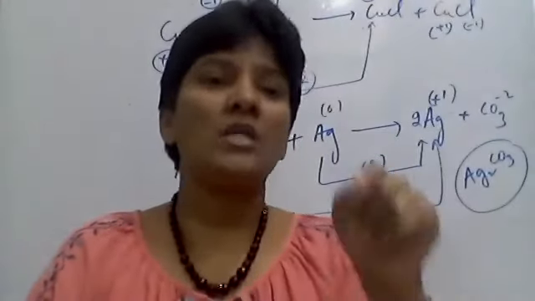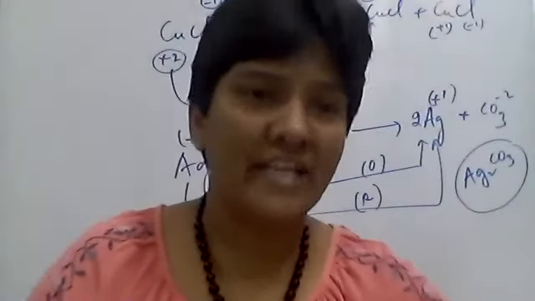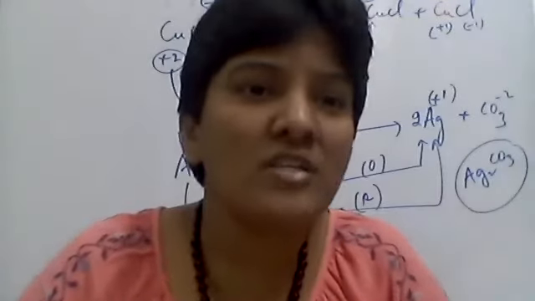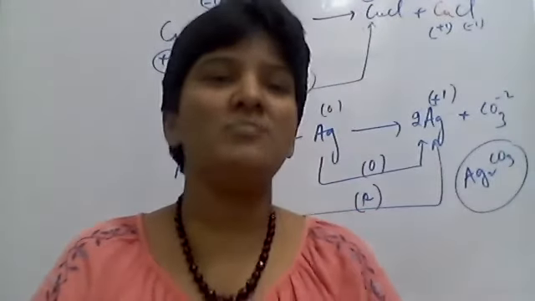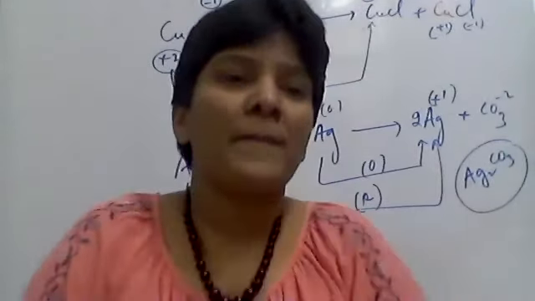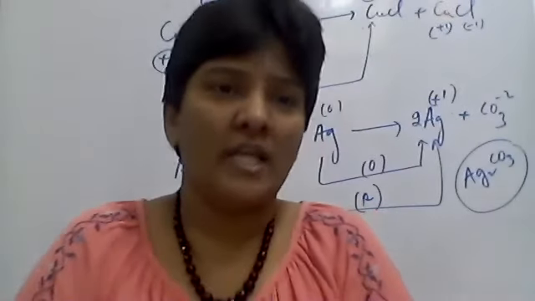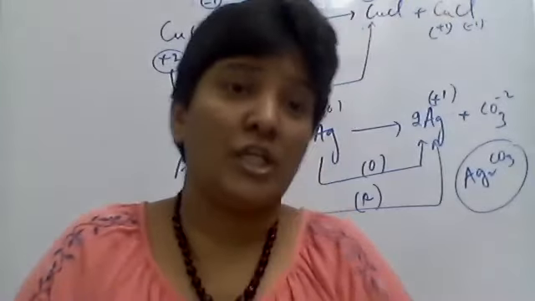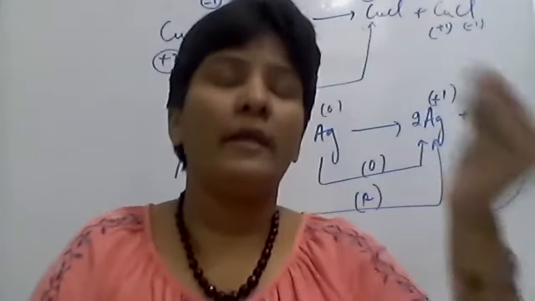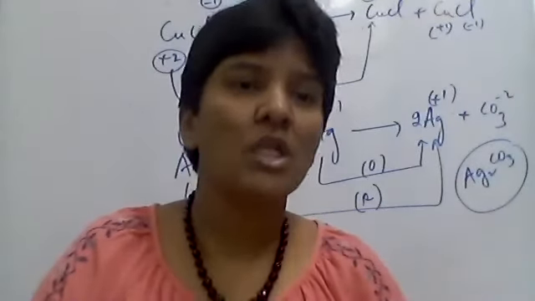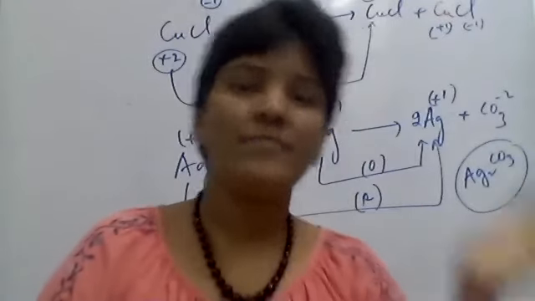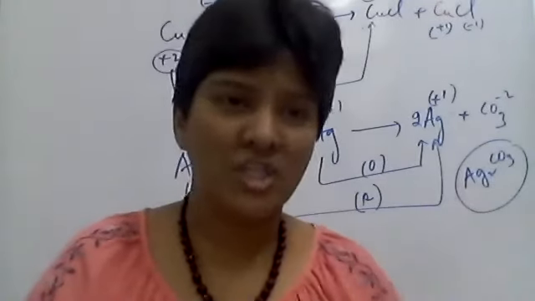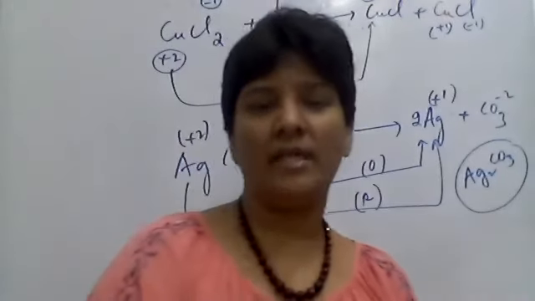And remember, the oxidizing agent undergoes reduction, the reducing agent undergoes oxidation. So simply, a reaction between a reducing agent and an oxidizing agent is called redox, or a reaction involving both reduction and oxidation simultaneously. Okay, all the best. Learn it.